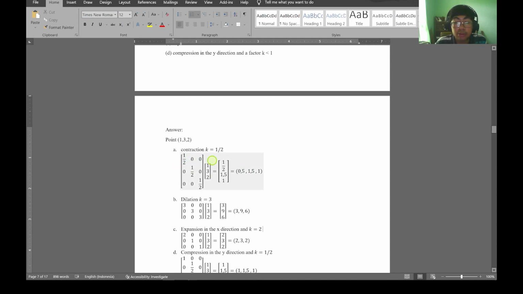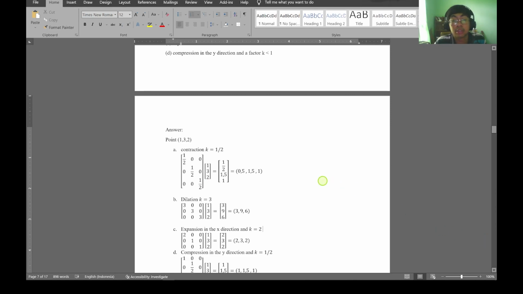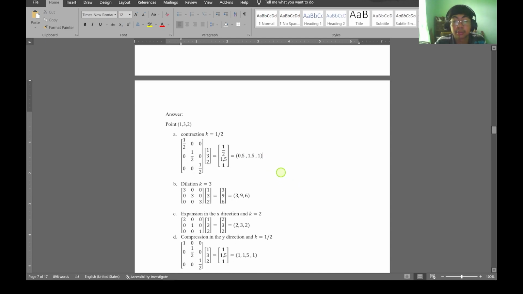A half 0 0 times 1 is a half, and 0 a half 0 times 3 is 1.5, and 0 0 a half times 2 is 1. Then we get the answer, the matrix a half, 1.5 and 1, or this is in decimal.